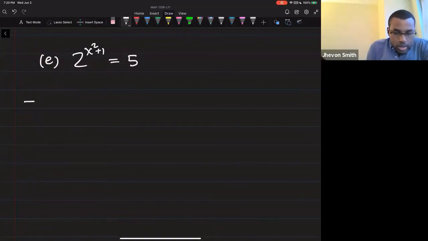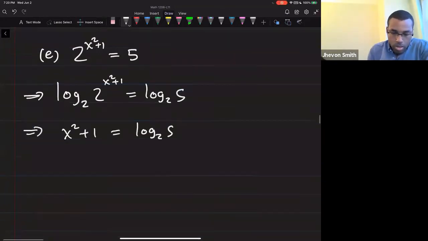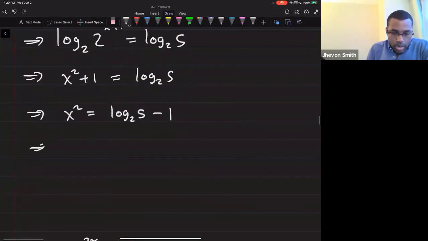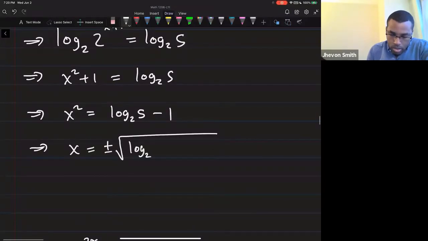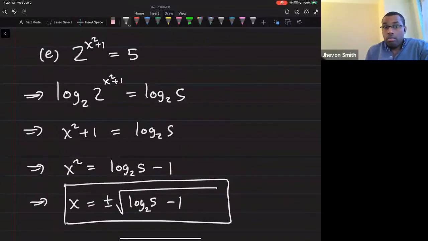So you see this, of course, what I would try to do is take log base 2 of both sides. And so now my x is going to be plus or minus the square root. And that's that. You can actually plug that in.